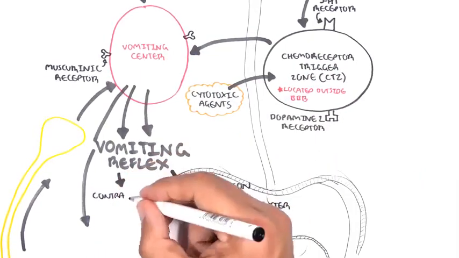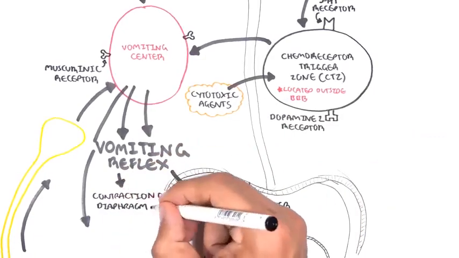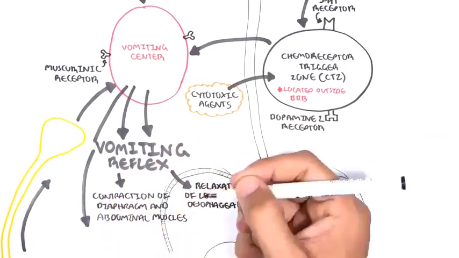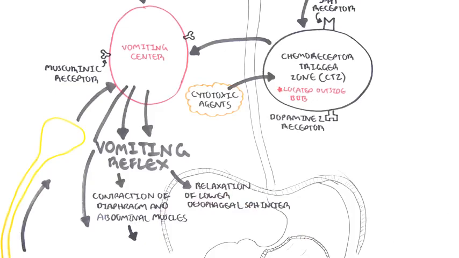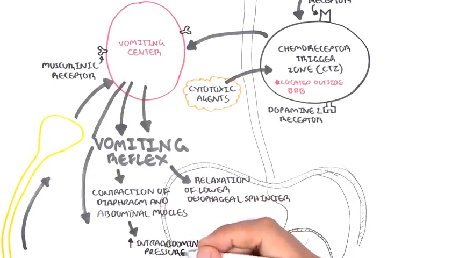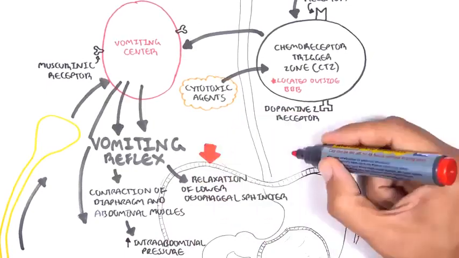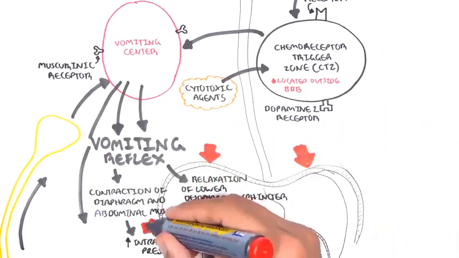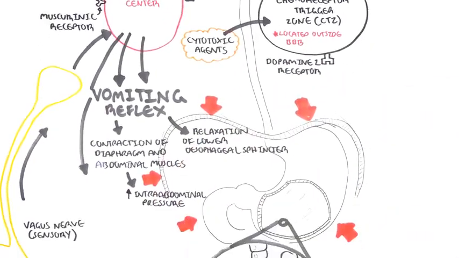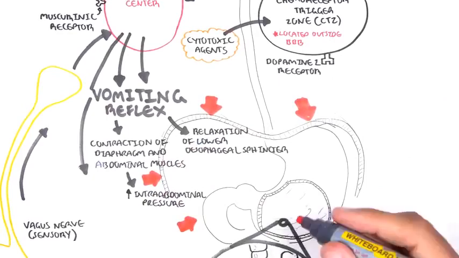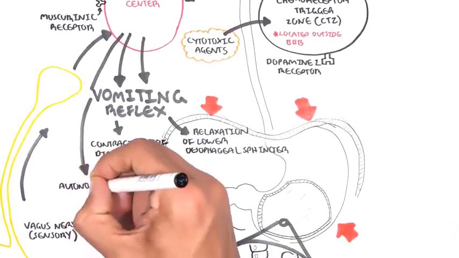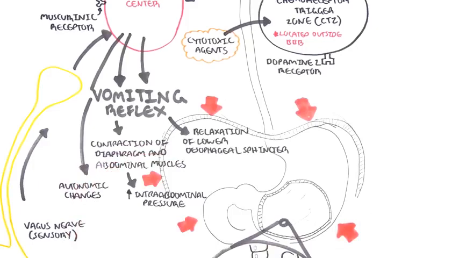We also need the diaphragm to contract and also the abdominal muscles to contract so that it will help push the food back up. And this happens because we are increasing intra-abdominal pressure when we contract our muscles. There are also autonomic changes such as tachycardia, which is increase in heart rate, and we also increase salivation as well as peristalsis.